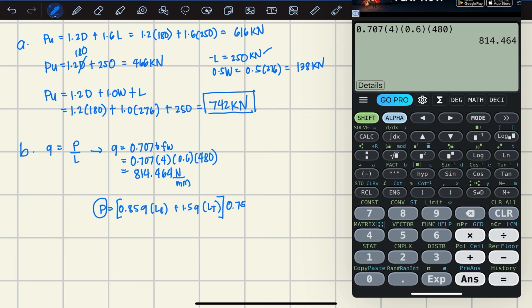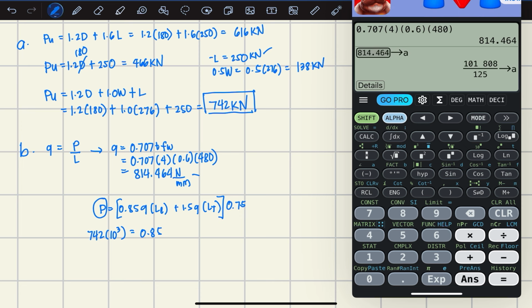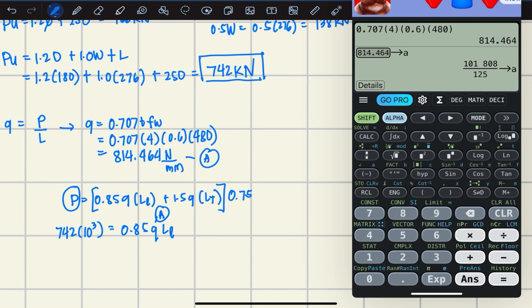To solve this, P is equal to 742, multiply it by 10 to the 3 to make it Newton, times 0.85. Your Q, let's store it in A. Times the unknown longitudinal welds. The longitudinal welds there is the total, so we will divide it by 2 once we get the unknown.